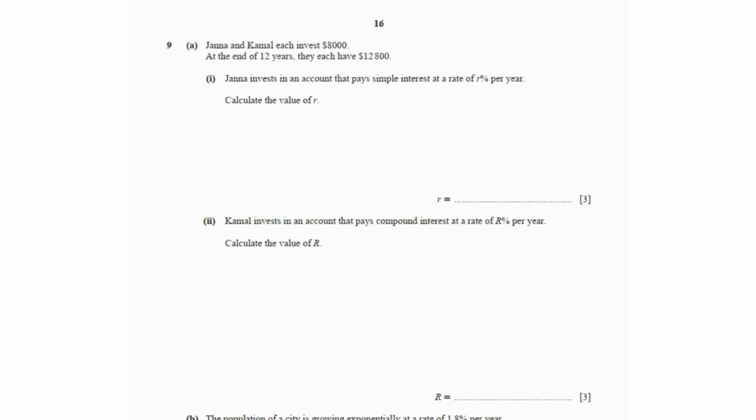Calculate the value of R. So she's using simple interest, so that means 12,800 minus 8,000 is equal to 8,000 times R over 100 times 12. In simple interest, the formula just gives us the value of the interest. It doesn't give us the final value.